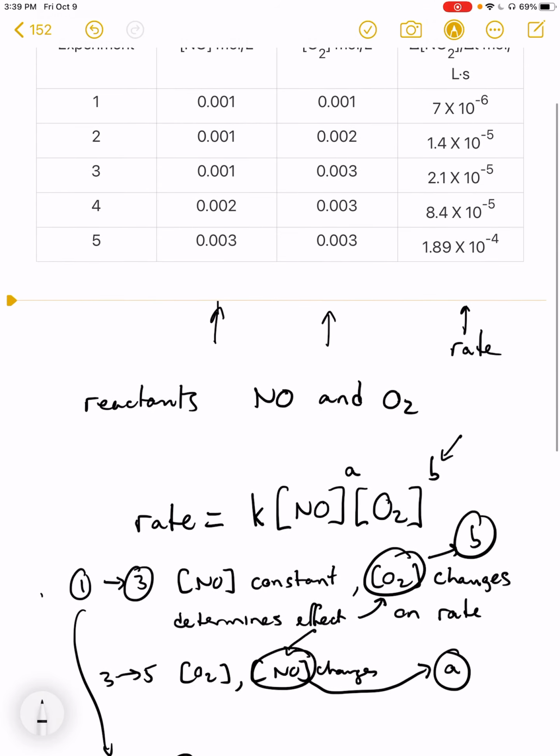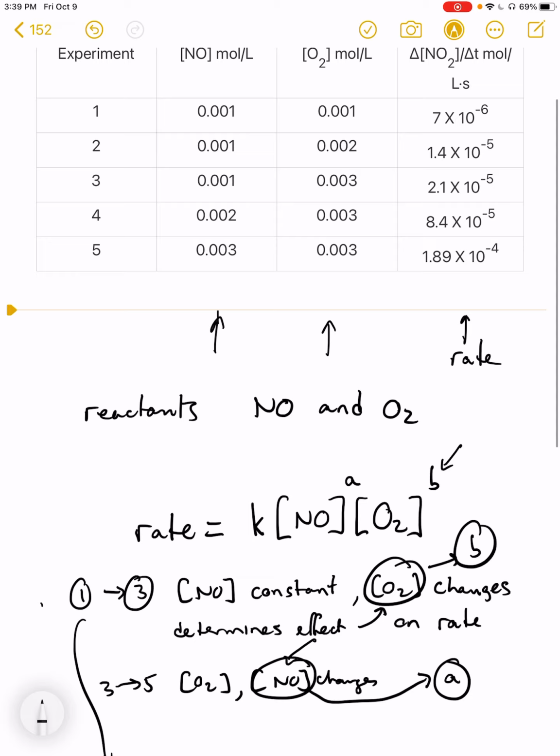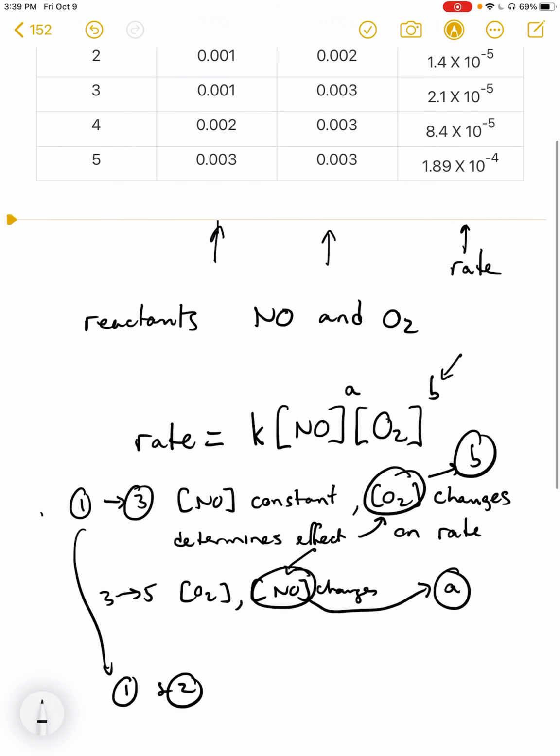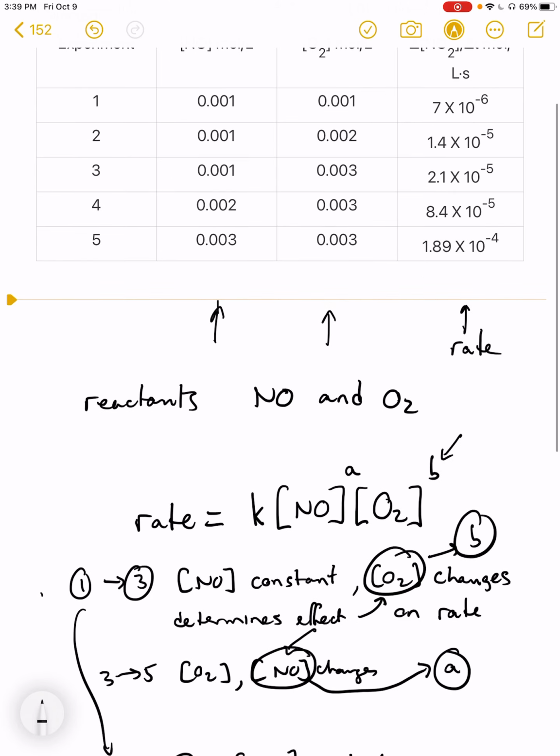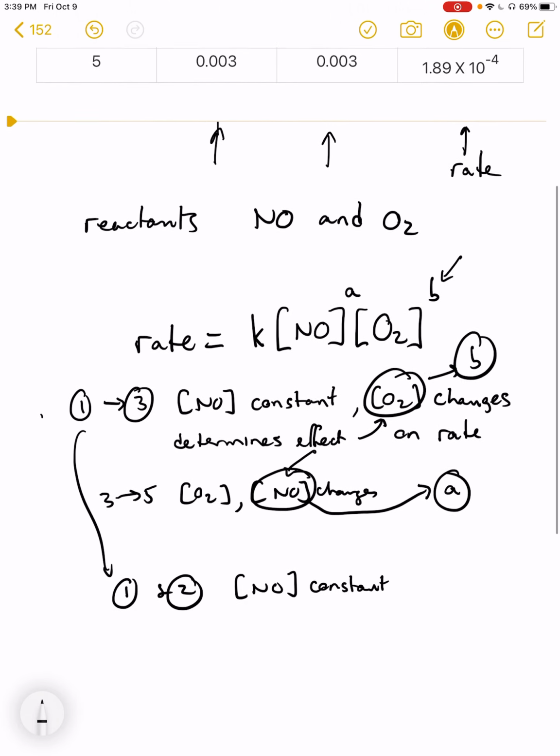If I look at experiments 1 and 2, I notice that as the NO is held constant, the O2 is doubled from 0.001 to 0.002.